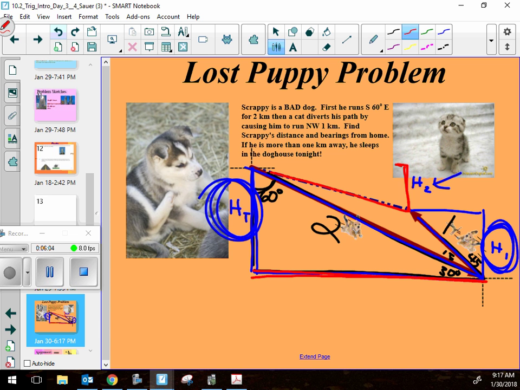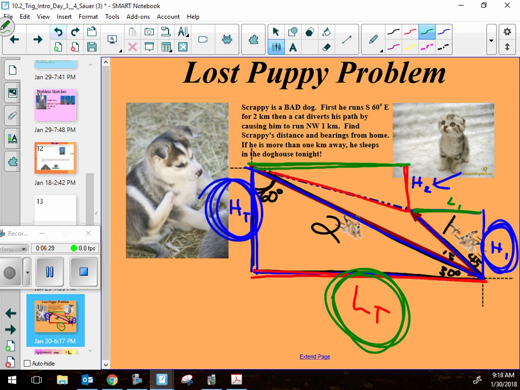That total length, I'm going to call it LT, the length total, is made up of this guy, which we know, I'll call it L1, and this guy, which we can figure out because he's part of a triangle where we know an angle on a side, and this little part. And so this part plus this part has to equal this part.